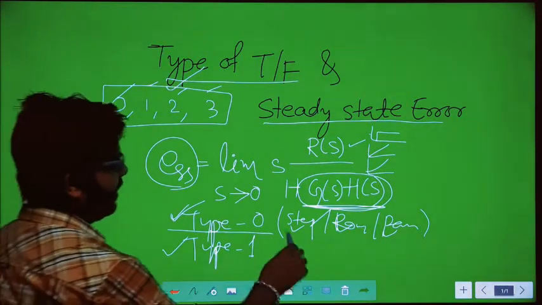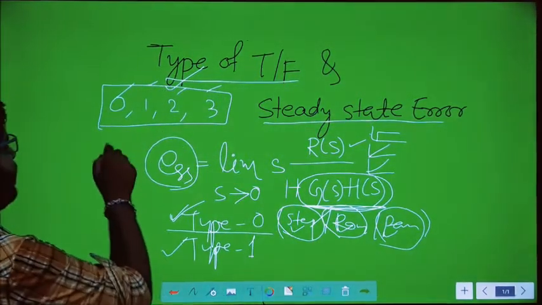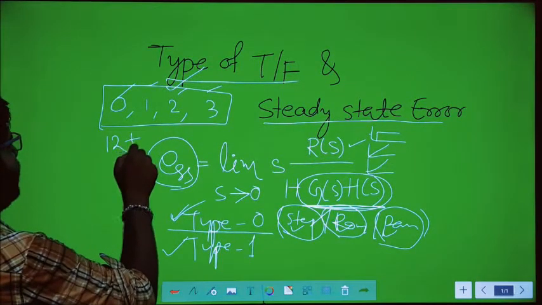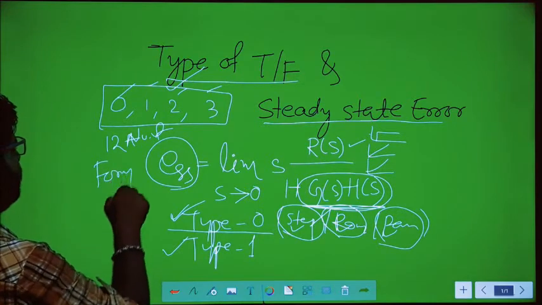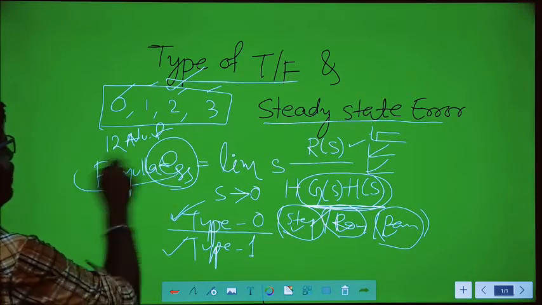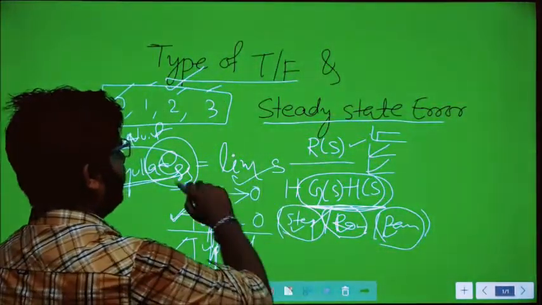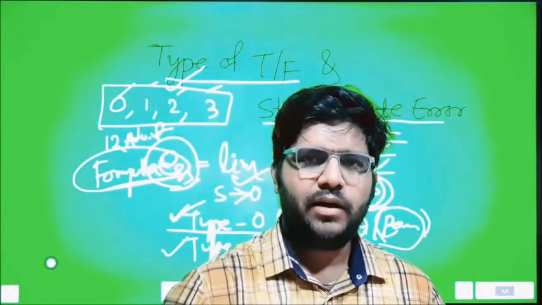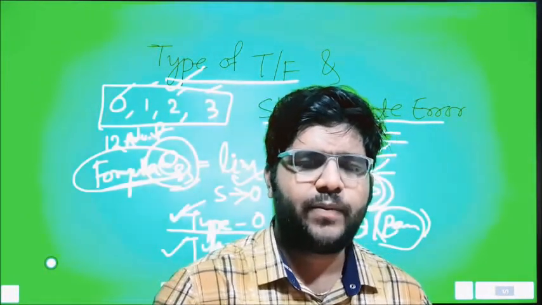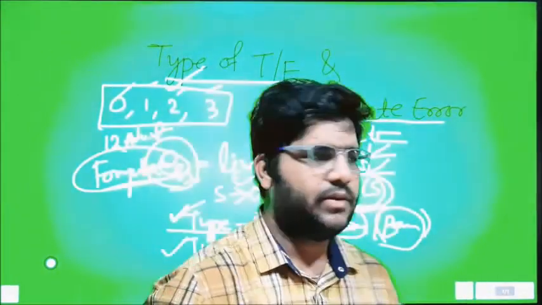For each type we have 3 different inputs, so 4 into 3, we have 12 formulae. I strongly recommend you not to remember all these formulae. If you know the steady state error formula alone, then you can easily find out the formula for different kinds of input and different types of systems.